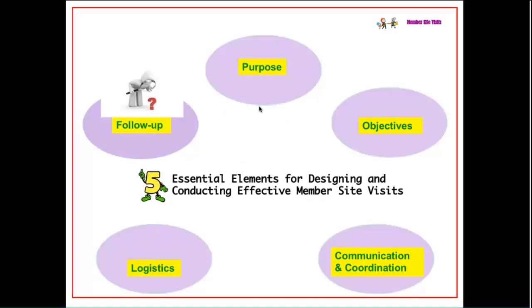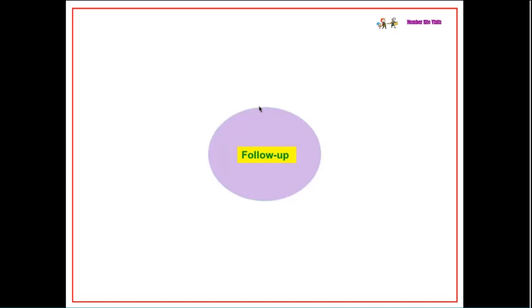Then the 5th element, the last of the 5 elements, is follow-up, right? It's going to be very customized based on each site visit. But the importance here is that we have to have a thorough follow-up plan after the site visit. It's not only writing a report about the site visit, but a thorough follow-up plan.